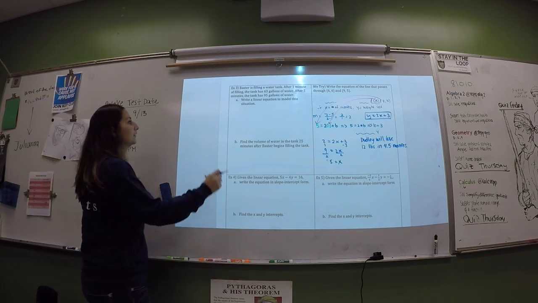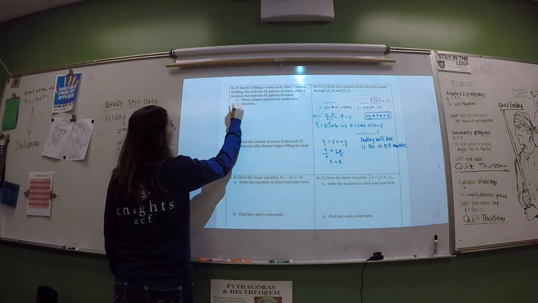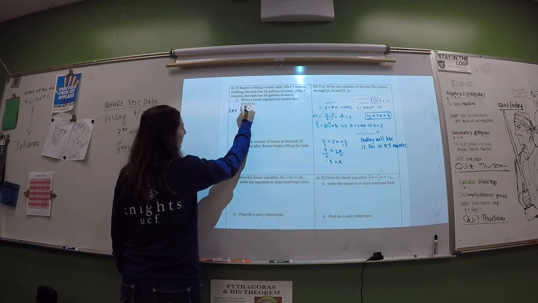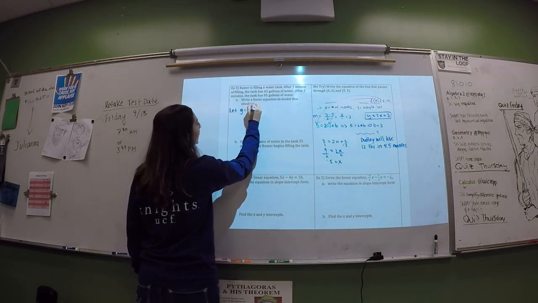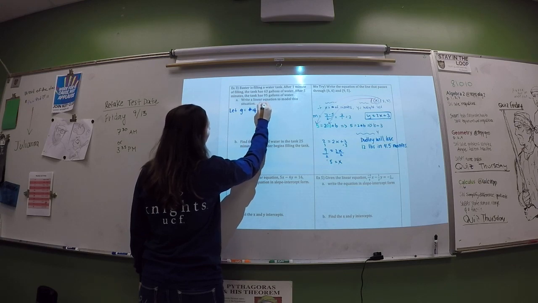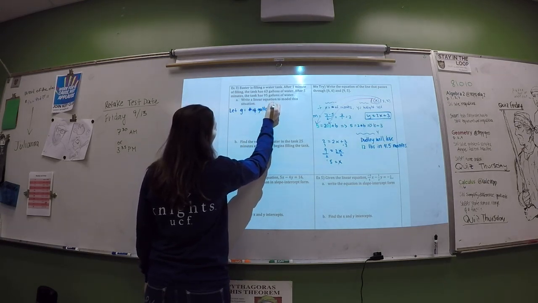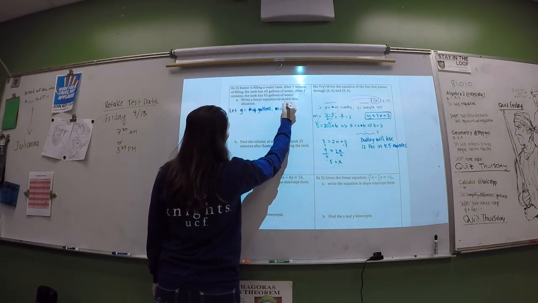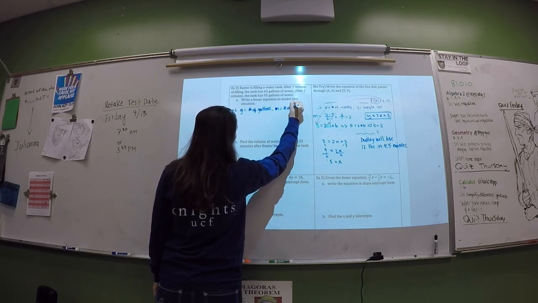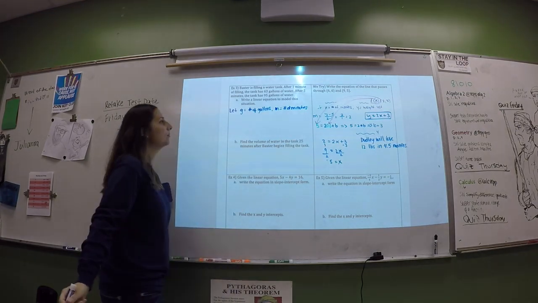Gallons depend on minutes. So that means I'm going to use different letters this time. I'm going to let G be number of gallons, and then M equal number of minutes, just to show you that it doesn't matter what letters you use.